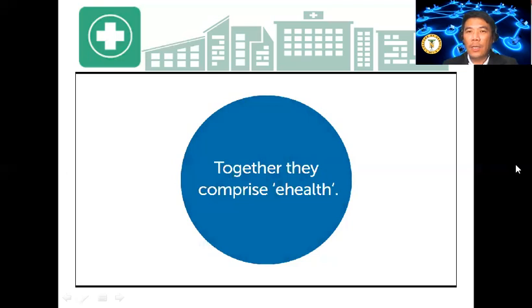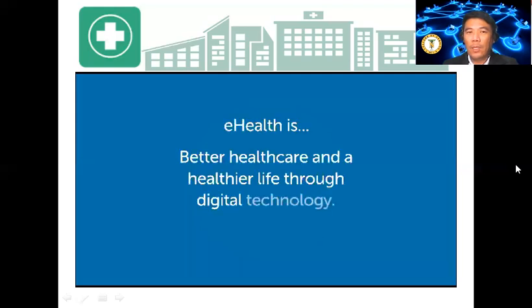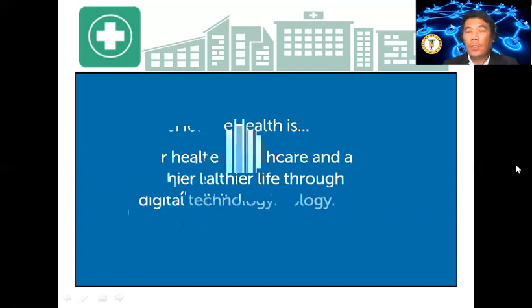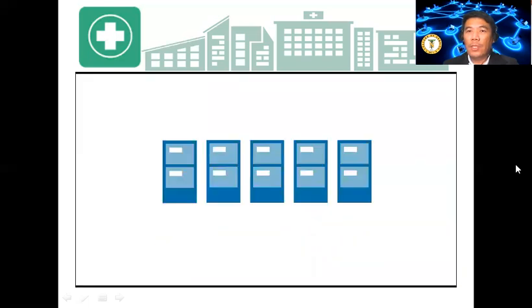It comprised the e-health. Actually, we have also integrated some of its aspects from the mobile health. The direction of having the e-health is for better healthcare and healthier life. Sharing information could be accessible. Digitalization of records will reduce paperwork.